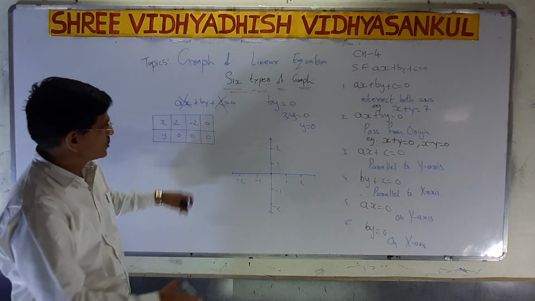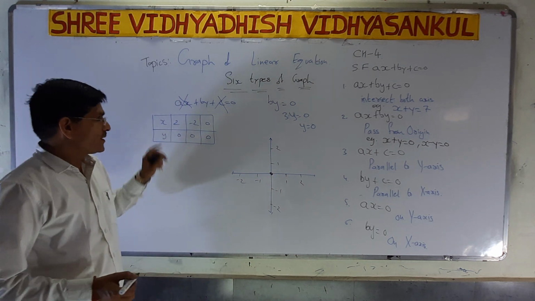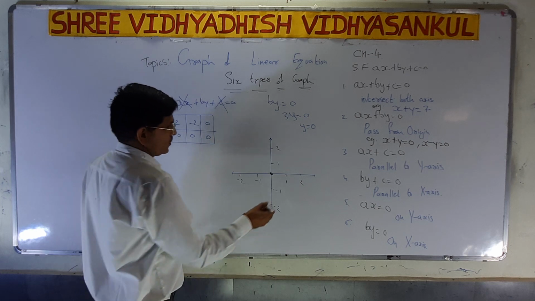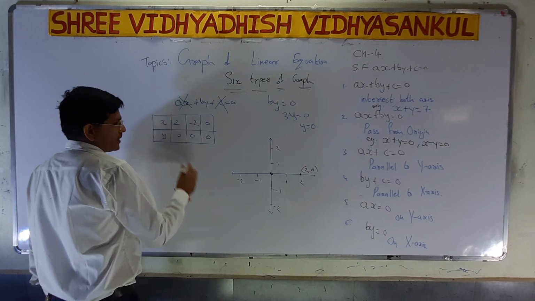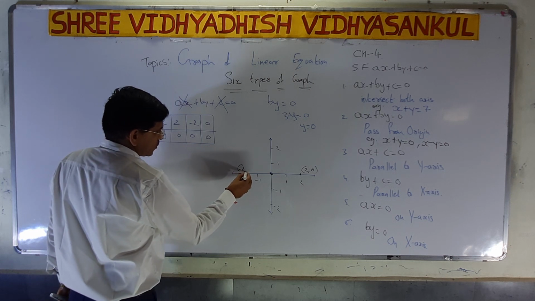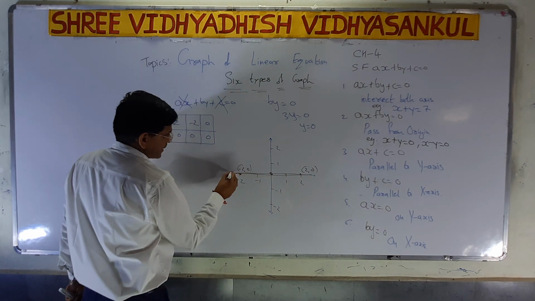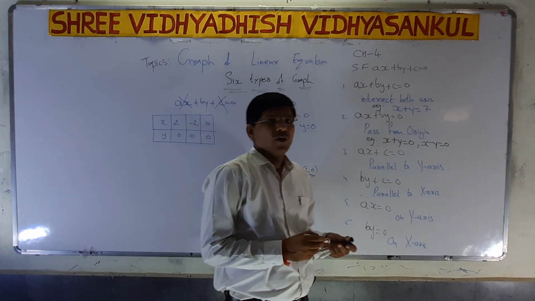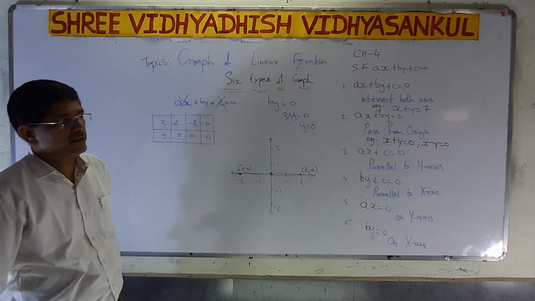Now we see 0, 0, so it is here. 2, 0: x value 2, y value 0. And minus 2, 0. So the graph is on the x-axis. So the 6 types of graph we have completed.